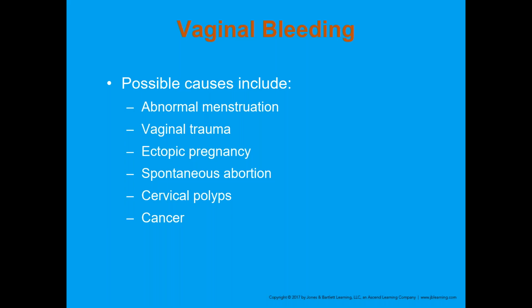Cervical polyps can grow inside the cervix or inside the uterus, so we can have just little, almost like skin tags that grow off of a patient's cervix that can cause things like the cervix to remain open and some pretty continuous bleeding. And then last but not least, we can have cancer, and it can also cause some vaginal bleeding.